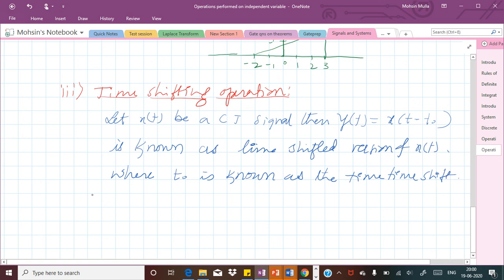Again there are two situations that can happen. t naught can be a positive value or a negative value.